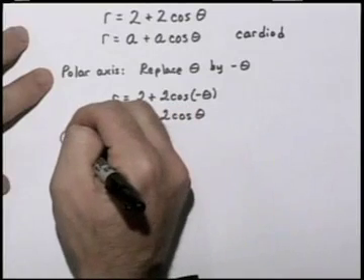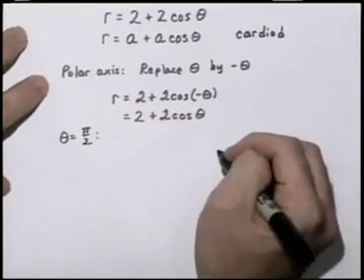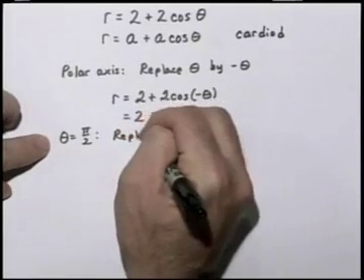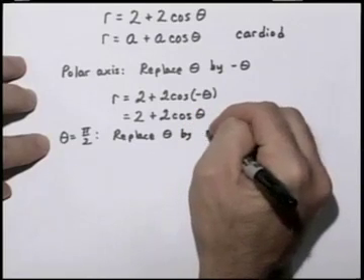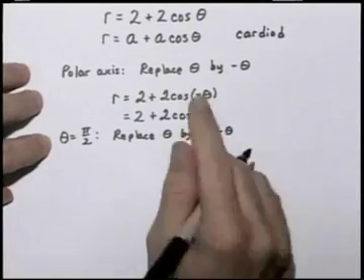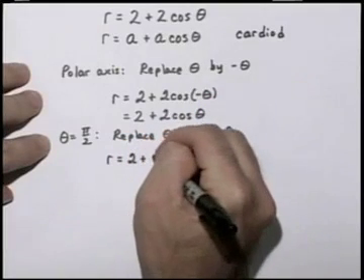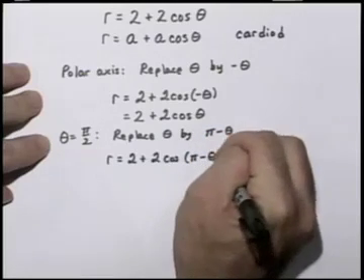How about symmetry with respect to the line theta equals pi over 2? To check for this type of symmetry, we replace theta by pi minus theta. So we're going to have r equals 2 plus 2 cosine of pi minus theta.